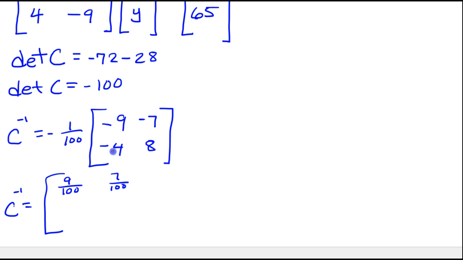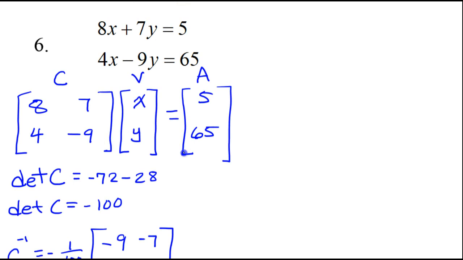Now here we'll have 4/100, which of course is 1/25, and then we will have -8/100, which is -2/25. Okay, so this is the inverse of matrix C. We will need that in a moment.